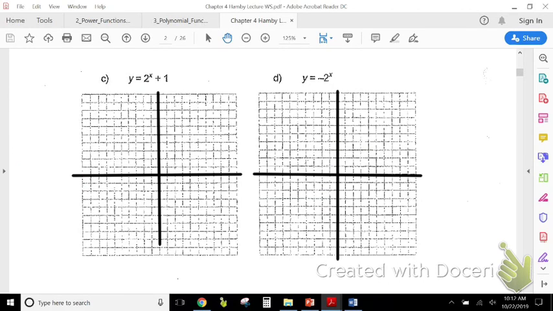All right, what about C? What is that plus 1 going to do to our graph? It's going to go up 1. So is that going to affect my x or my y's? What are we going to do to our y values? We're going to add 1 to them. So our x's are going to stay the same. Remember, go back to your parent one, not the one we just did. And we're going to add 1 to all of our y values.